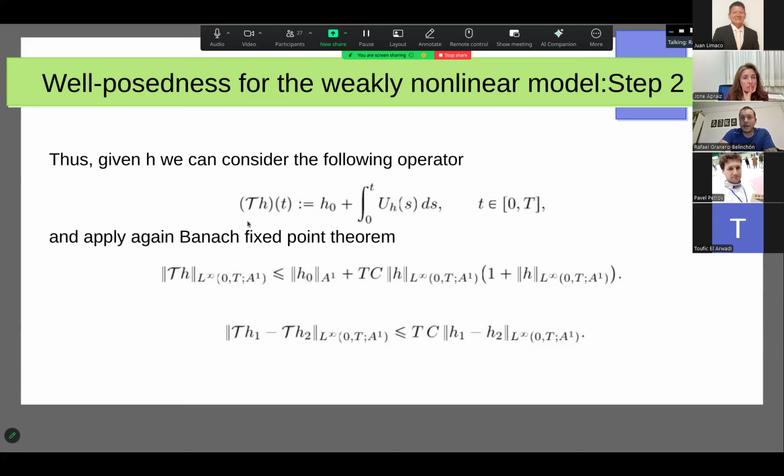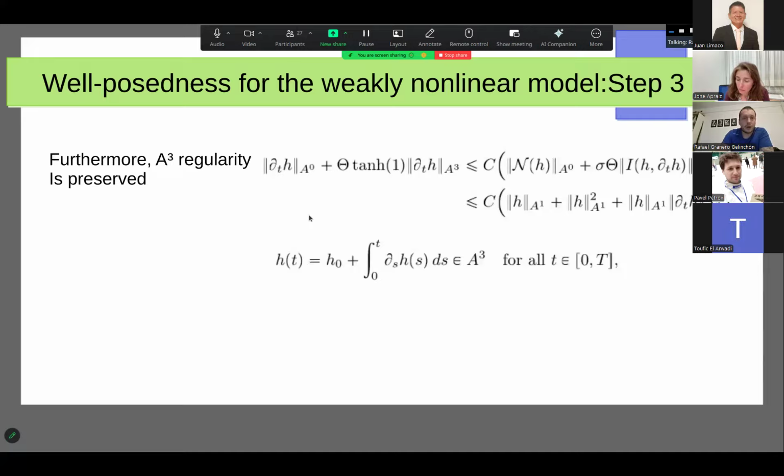Okay, so now we want to do a fixed point right here, and we do the fixed point in this space, L infinity in time, A1 space. And again, we can find this estimate right here, and if we find it, now it's a matter of capital T being small enough. Then if capital T is small enough, we have a fixed point, and a fixed point is a mild solution of our problem.